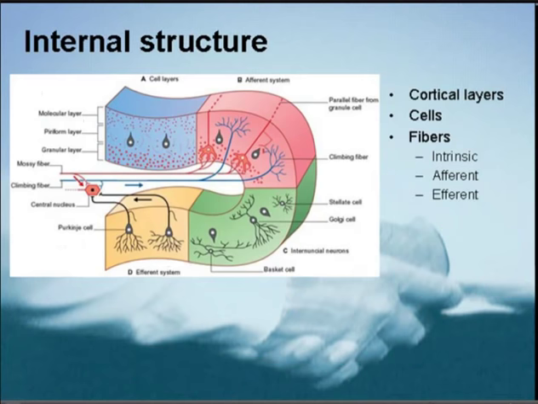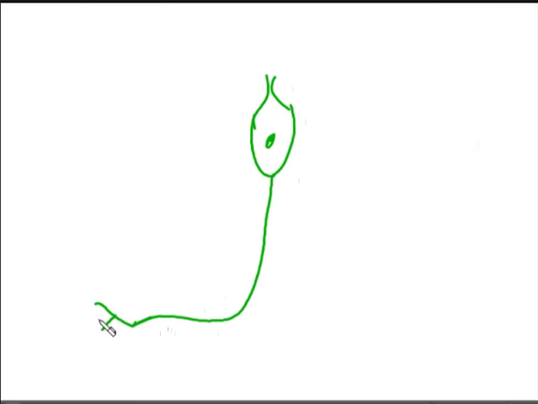So let's see how this works. Let's say we have these Purkinje cells, and the axon of the Purkinje cell goes and relays on the central nuclei. So these are the central nuclei, and from here fibers exit from the cerebellum.